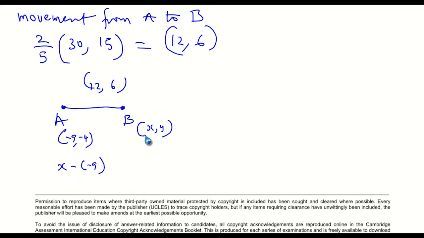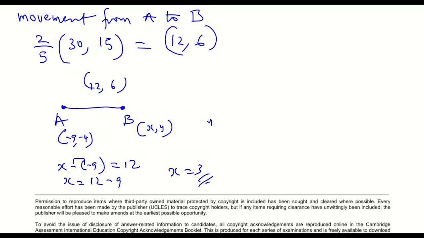This and this become plus, so x equals 12 minus 9, and that will be 3. It is pretty straightforward. So x equals 3.